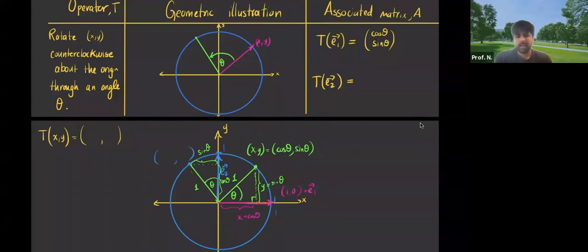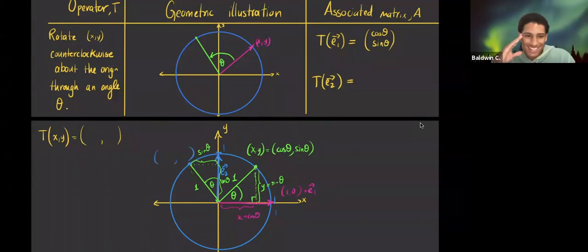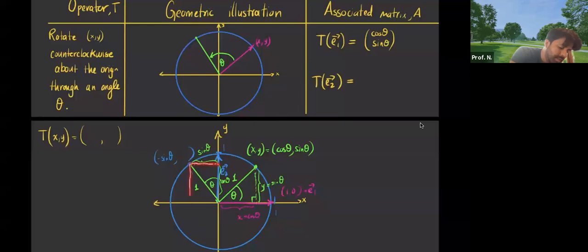Not negative cosine. It's negative sine. Why is that? This here represents the x-axis. You see how the length of this triangle is the same here, right? Sine theta. But now I'm in the second quadrant. So this distance here, whatever this is, I just put a negative to it.